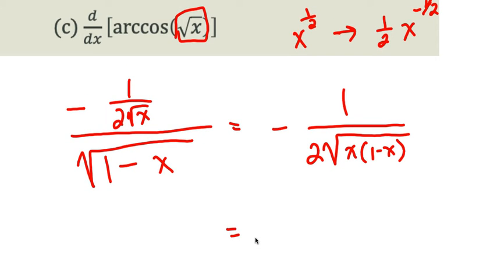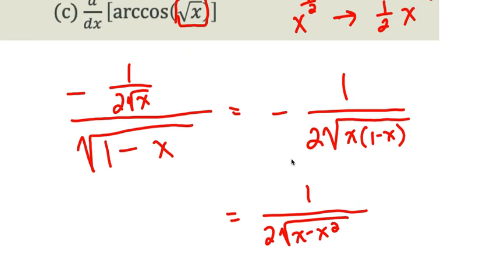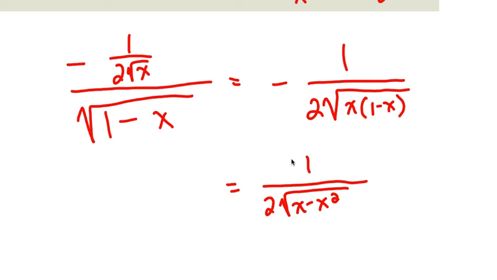We could also see this written as 1 over 2 square root of x minus x squared. Again, you're looking at your multiple choice answers and seeing which one matches your answer or can be changed to match your answer. Okay, so any of those would be acceptable. Those are all correct answers.